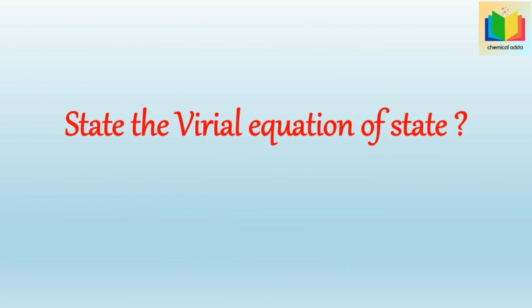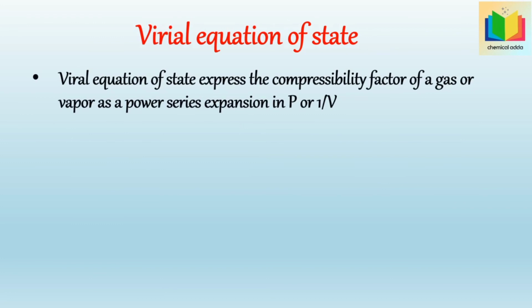Now, state the virial equation of state. So, virial equation of state expresses the compressibility factor of a gas or vapor as a power series expansion in terms of pressure or 1 by volume. Hence, the virial equation of state in terms of pressure is Z is equal to PV by RT is equal to 1 plus B dash P plus C dash P square plus D dash P cube.